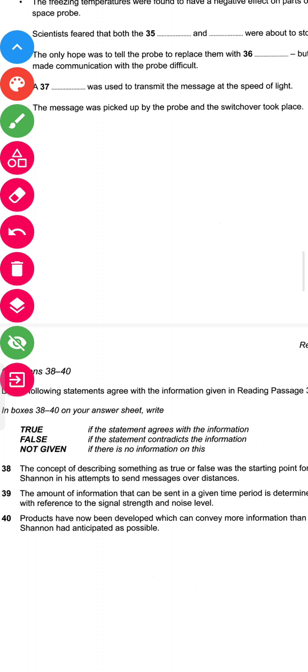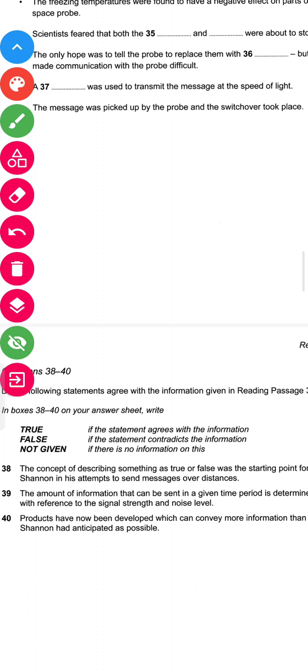It means that to send messages from one place to another, from the starting point to the end point, true, false, not given, there was something, a concept was taken, something we can say as a code, or a password, some secret words. So is it true? Is it mentioned in the paragraph? Let's see whether it is mentioned in the paragraph or not.